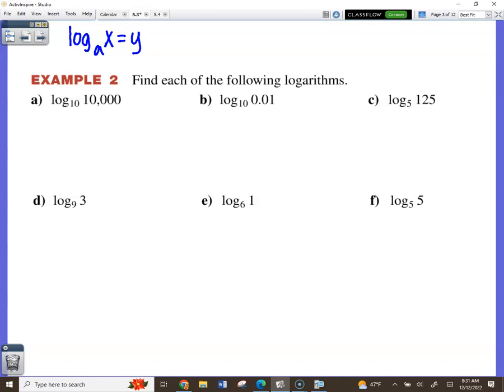The way you would read that is log base A of X equals Y. If you want to understand how a log is related to an exponential, here's the conversion. Drawing a double-sided arrow because it can go either direction.